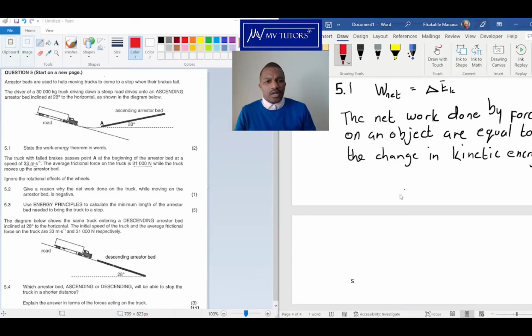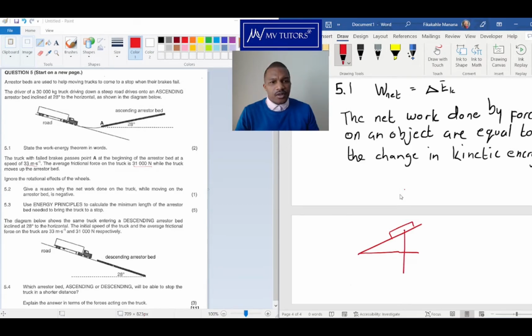Okay, so for this one, first of all, I want to draw the free body diagram. So we've got that incline there. There's the horizontal, and then we've got the truck right there, just moving up. So what are the forces acting here?